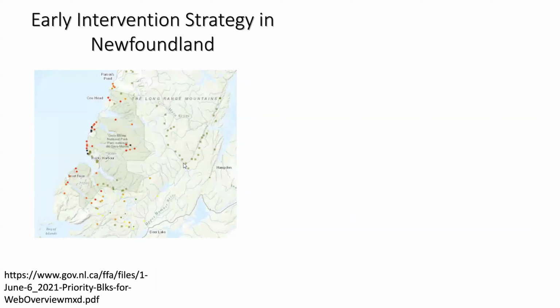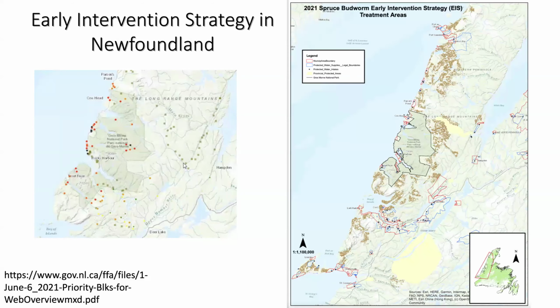This is where on the island of Newfoundland we think the outbreak mostly started. As you move away from Gros Morne, you see a reduced count. So this is sort of a line where the outbreak is at least somewhat currently contained, but as the dominant winds go from the southwest, moving from Gros Morne down across the island, we expect dispersal of adults in that direction. So the government has done a spraying strategy.